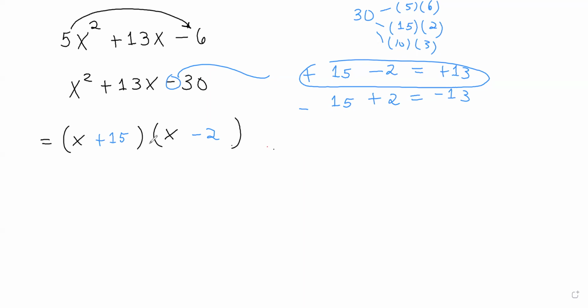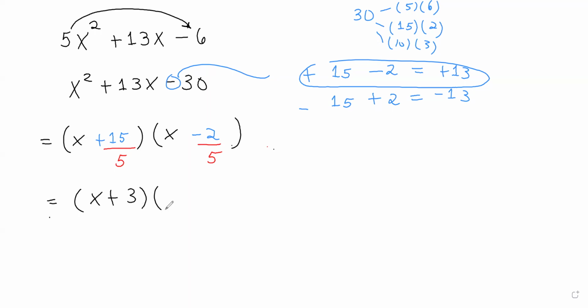We want to go back and compensate for that. If this 30 came to be because it was some number multiplied by 5, these numbers are 5 times bigger than they should be. Divide out that 5. What's 15 divided by 5?